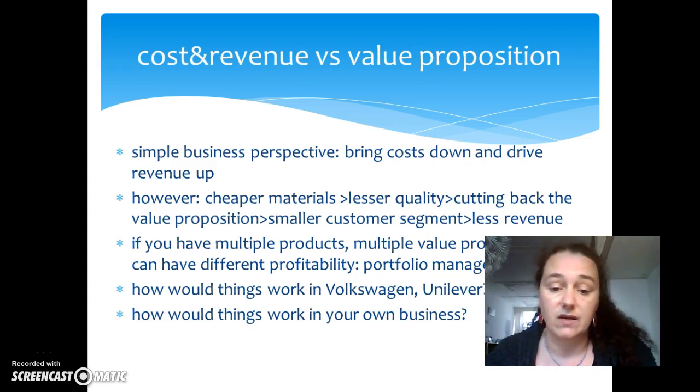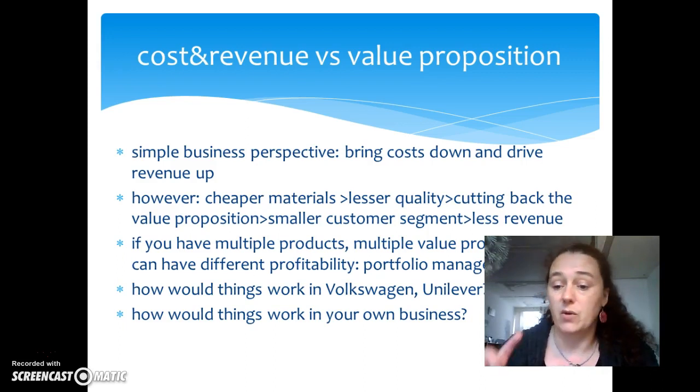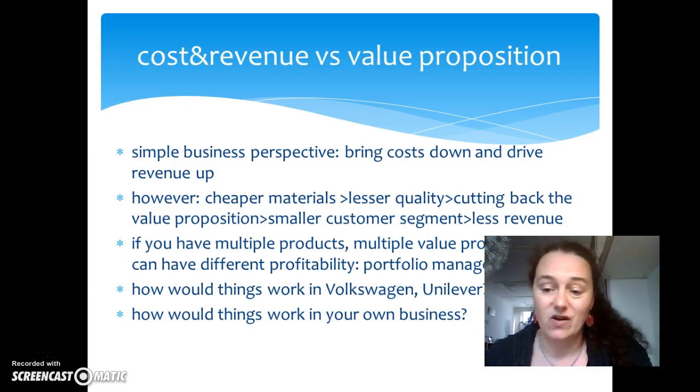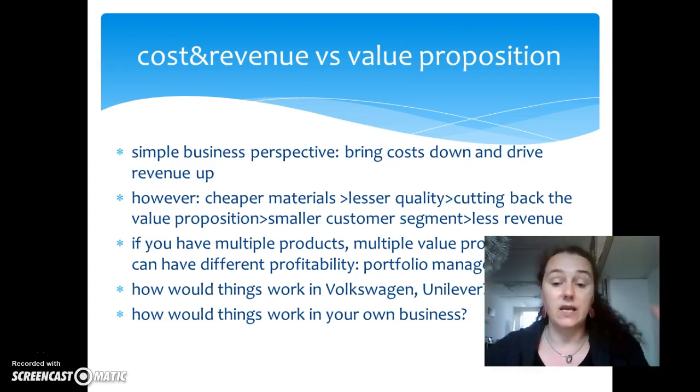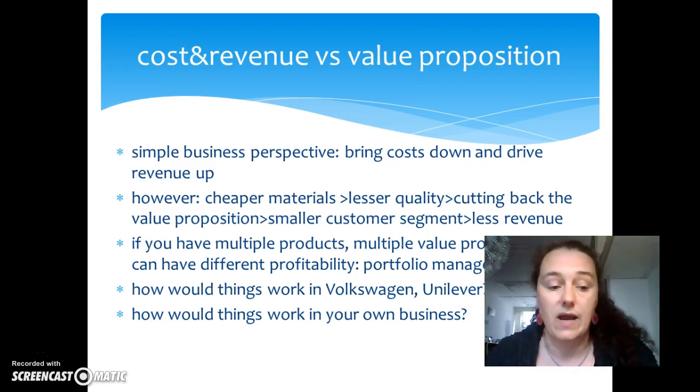Maybe if you're talking about cars, you have some really expensive cars that don't get sold in large volumes. So the overall revenue stream can be low, but still they qualify as an important value proposition within your portfolio and in conveying your brand.